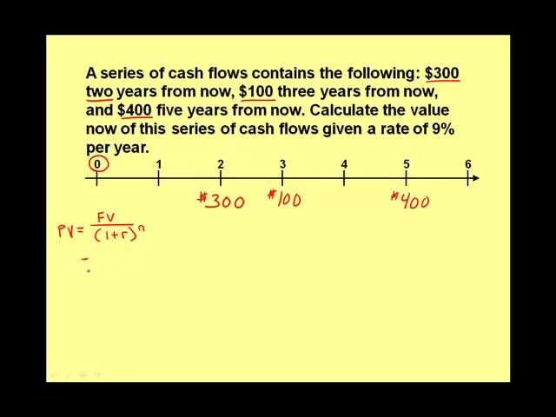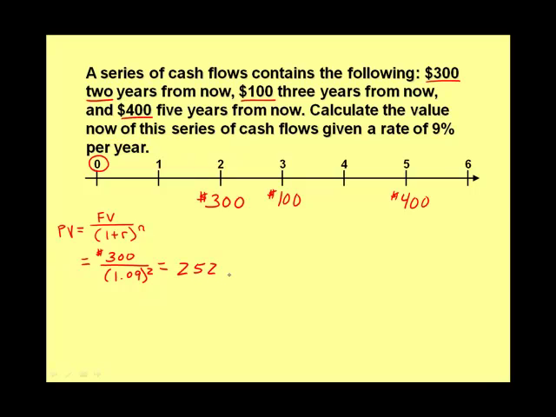So we'll go ahead and take the present value of the first value there, the 300, and our rate is 9%, and we'll be discounting it back again 2 times.